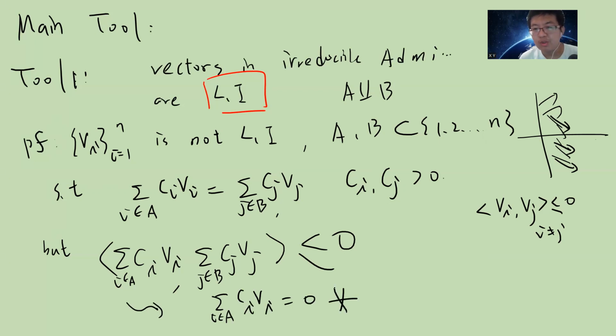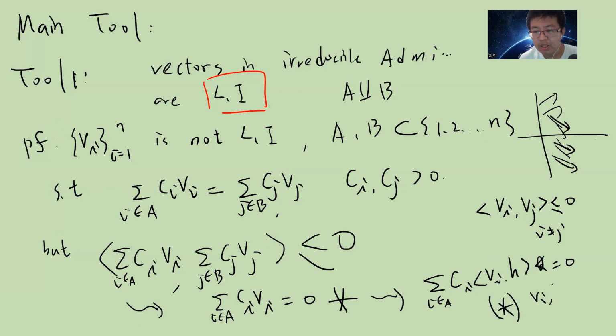But this is a contradiction, because v_i with the inner product against this regular vector H is always greater than 0, and the c_i are all positive. So it's a contradiction. So vectors in an irreducible admissible configuration must be linearly independent.